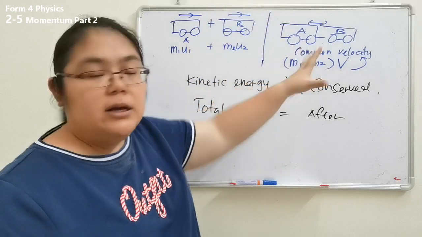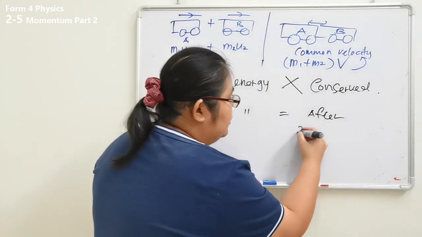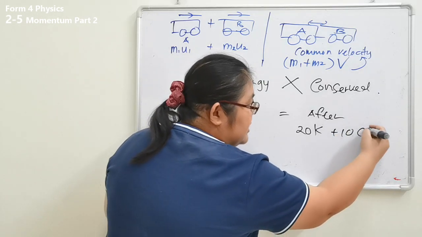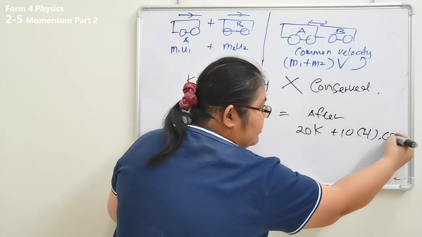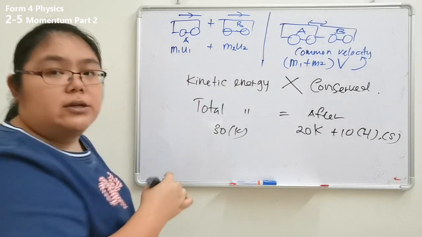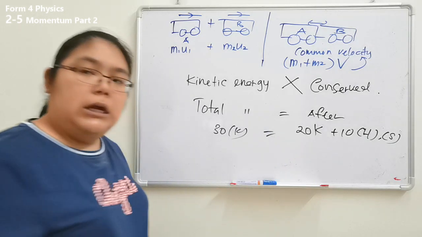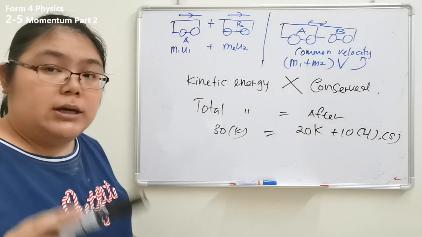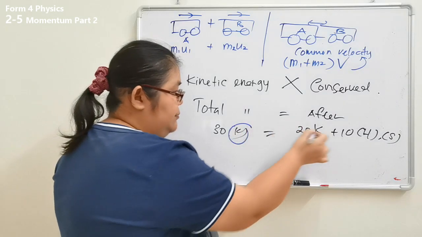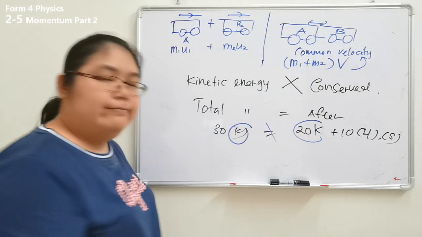When you hit already, you have 20 kinetic energy, plus 10 as heat and also sound. Before that you had how many? 30, all kinetic. So this one becomes equal. So we call this total energy conserved, but kinetic energy not conserved.